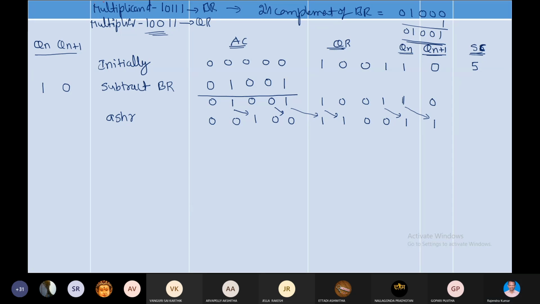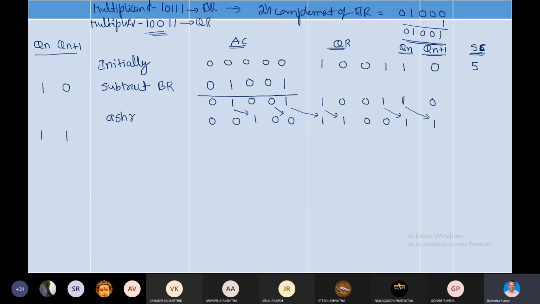Now Qn plus 1 is equal to 1. Now what is Qn and Qn plus 1? Qn is equal to 1, Qn plus 1 is equal to 1. So both are 1, that means both are equal. What do we have to perform?